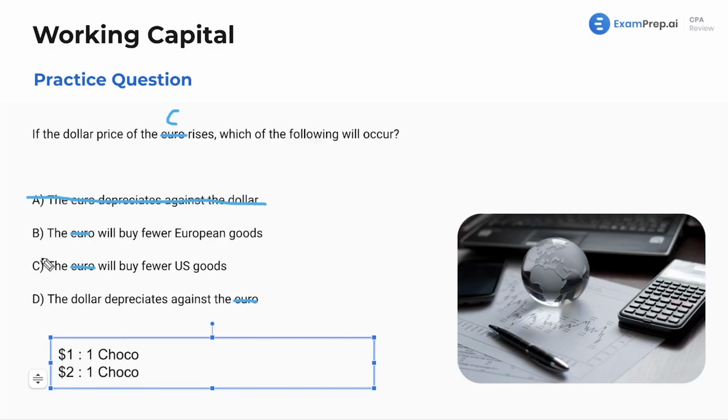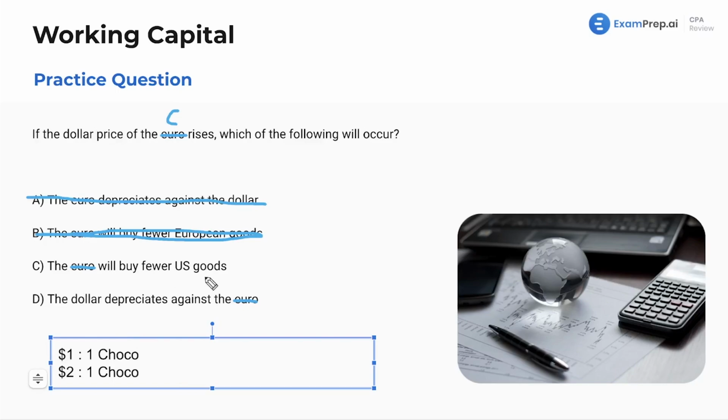So, the chocolate bar will buy fewer chocolate goods. That is not true. It will buy the same amount. It has no impact on itself. The dollar price has been changed, but the chocolate or euro price stayed the same, so it has no impact on itself. The chocolate bar will buy fewer US goods.